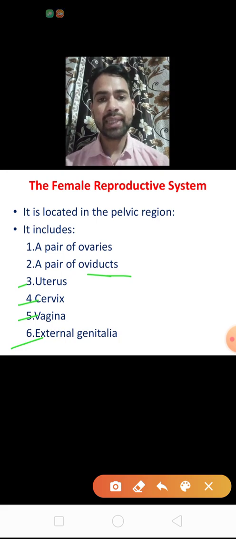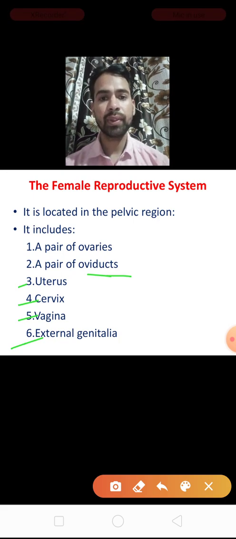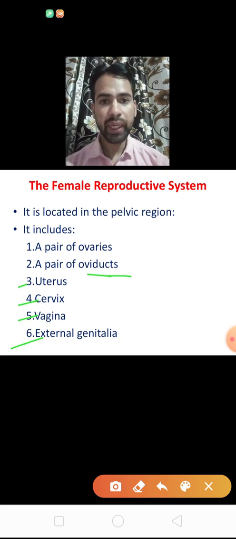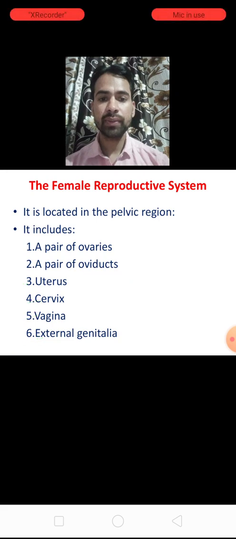Okay, so these are the parts of the female reproductive system, and this system is located in the pelvic region. Okay, clear about this?